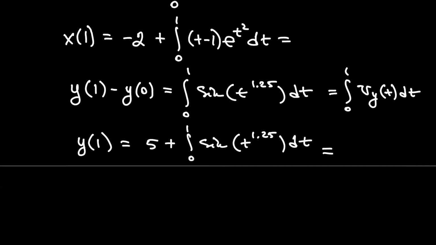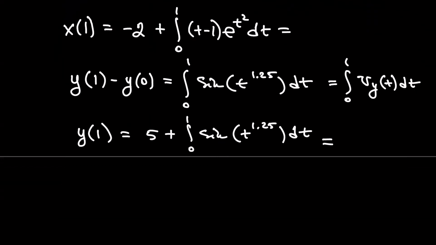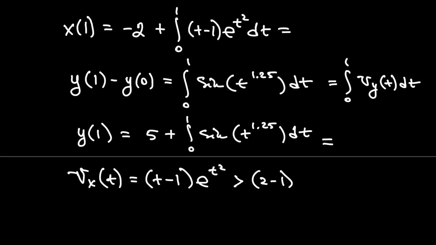And so before we go to the calculators, let's look at the position to the right. The velocity at time t is equal to (t minus 1) e to the power t squared. And note that this velocity is greater than (2 minus 1) times e to the power 2 squared, which is equal to e to the power 4, for all t greater than 2.